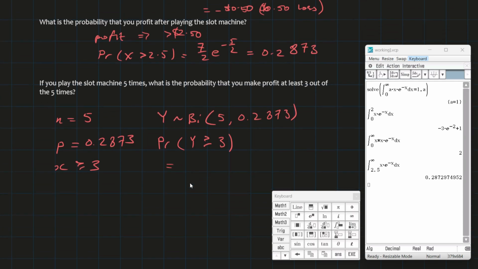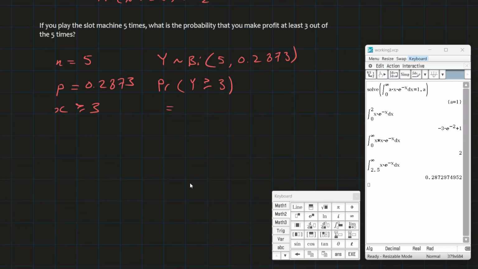But before I do so, I just want to make sure that this makes sense. We have a certain event, which was a continuous event, and there's a certain outcome that we wanted to focus on. That outcome was making a profit, or making more than $2.50 from the slot machine by itself. Then that continuous event, we turned it into a binomial or a repeated event because we repeated that same experiment multiple times.